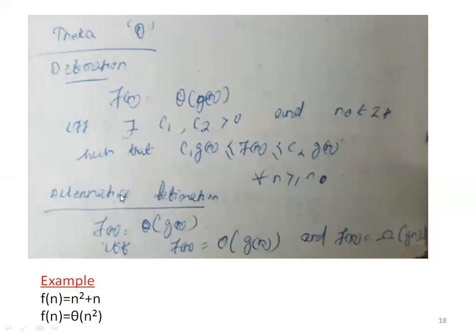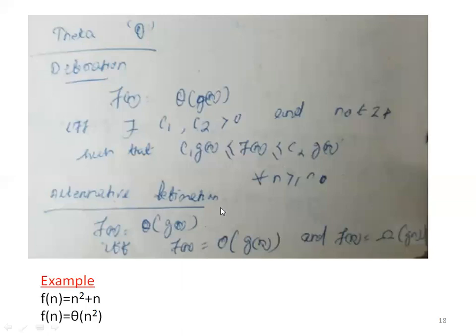And there is an alternative definition of theta notation: f(n) equals theta of g(n) if and only if f(n) equals big O of g(n) and also f(n) equals big omega of g(n). If these two conditions are satisfied, then we can say that f(n) equals theta of g(n). So if f(n) equals theta of g(n), then it is satisfying the big O condition and also the big omega condition.